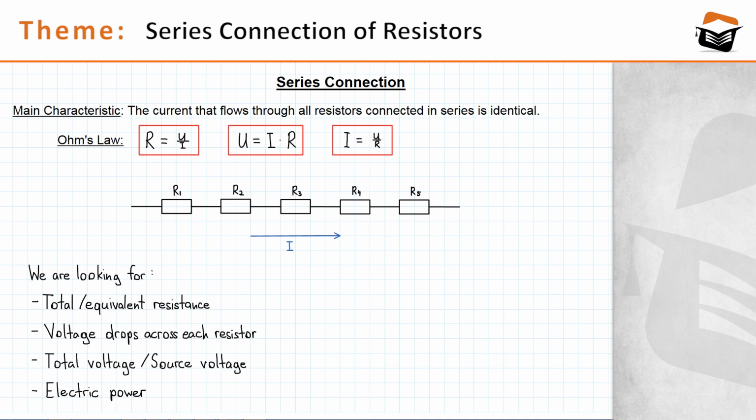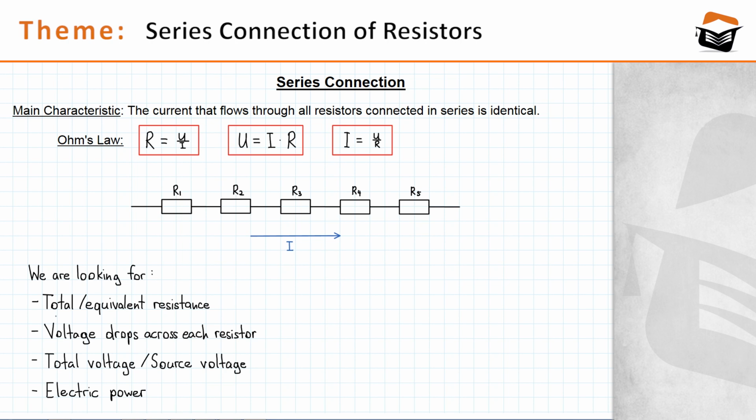Now, what do we want to do with the series connection? If we know the individual values for resistances, we can compute the total or the equivalent resistance in a series connection.